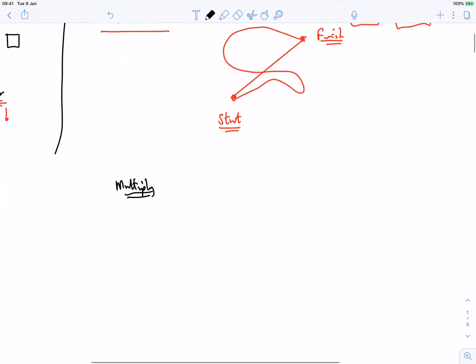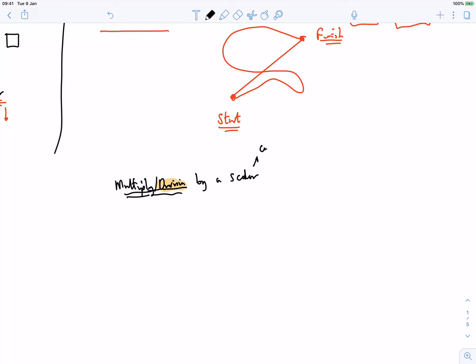And this was multiplying and division. But there's a bit of a caveat there. See, in mathematics, the only way you can divide vectors is when you're dividing and multiplying by a scalar, a constant of value.